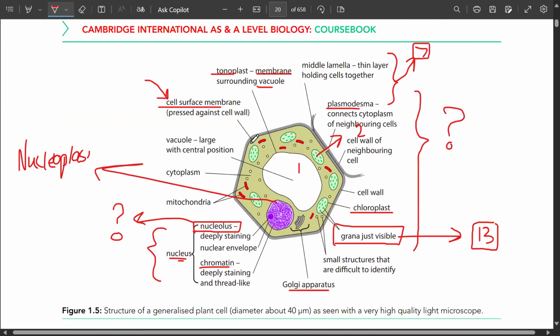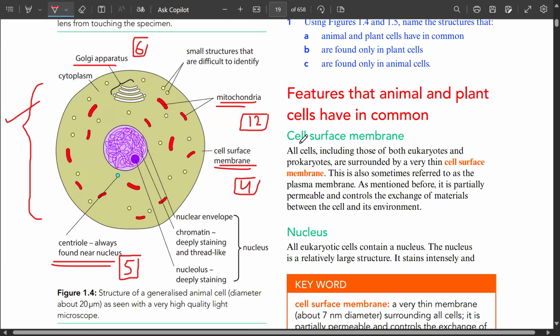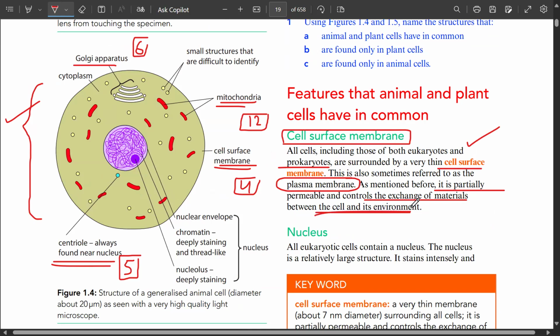Next, the cell surface membrane is present in all cells, whether eukaryote or prokaryote. We also call it the plasma membrane. As mentioned before, it is partially permeable and controls the exchange of material between the cell and its environment.